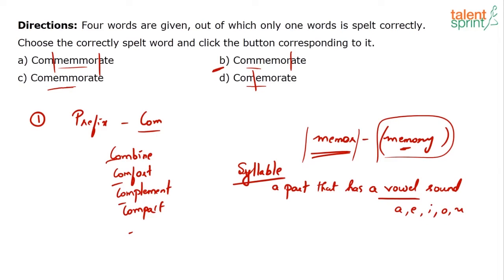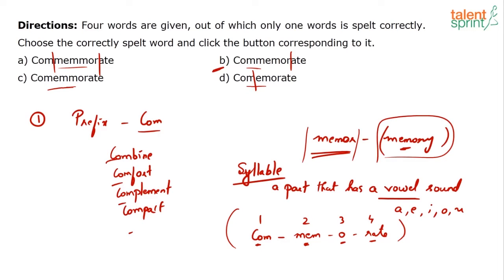If I take the word commemorate and separate it into syllables: com, one syllable; mem, the next syllable; then O, the third syllable; and then rate, the fourth syllable. So I can divide this word into 4 parts, each with a vowel sound.